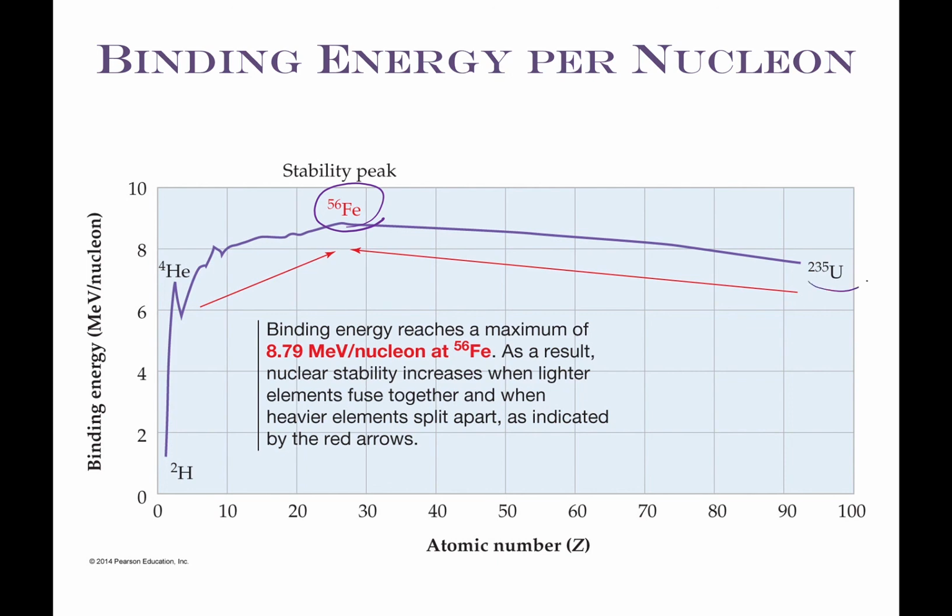When our heavy elements split apart, this is called fission. And when our lighter elements fuse together, that's called fusion. We see it coming to this maximum peak of stability around iron 56. And so that's where we see the most bang for our buck, essentially.